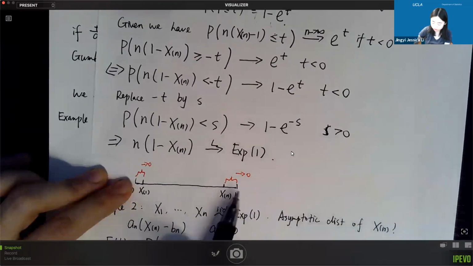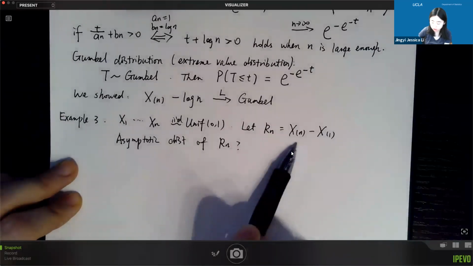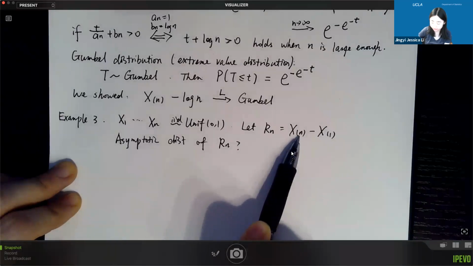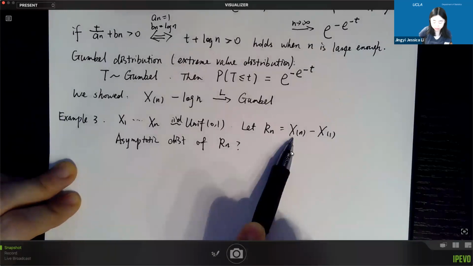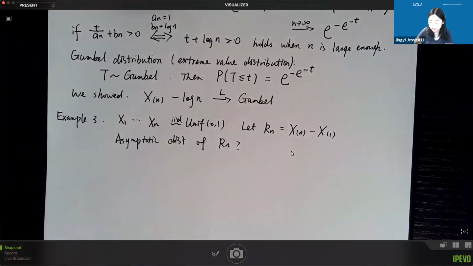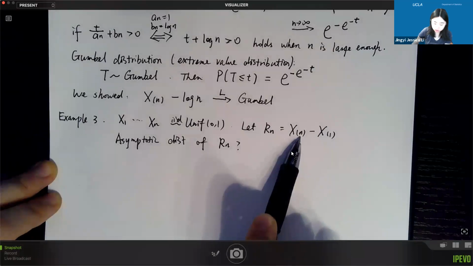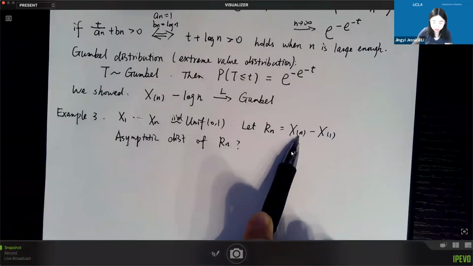And that's actually very important here, because based on the definition of Rn, it depends on xn, the maximum, and x1, the minimum. So we want to derive the joint asymptotic distribution of x1 and xn. Then we can just obtain this, right? So that's the whole idea.